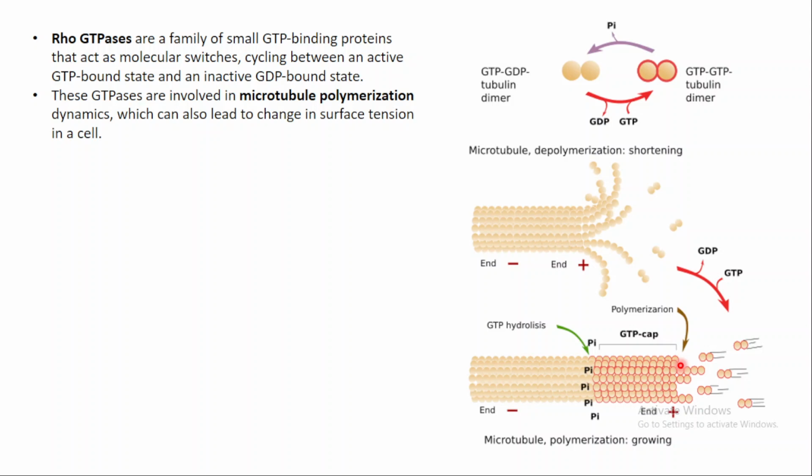These microtubules also form the tracks on which different motor proteins transport cargoes. Microtubules are also very important during cell division, where we have separation of chromosomes via microtubule pulling. So microtubules also generate a lot of force.